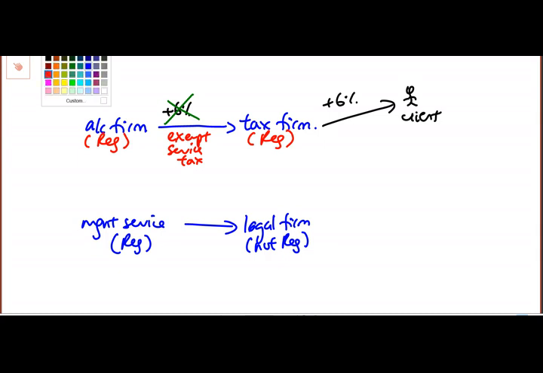Now, then you realize that we will add 6%, because the legal firm is not registered. See that? This is exempted because the other side is registered. So you just got to know, alright? All that is just to make sure that there will be a single stage service tax being operated.